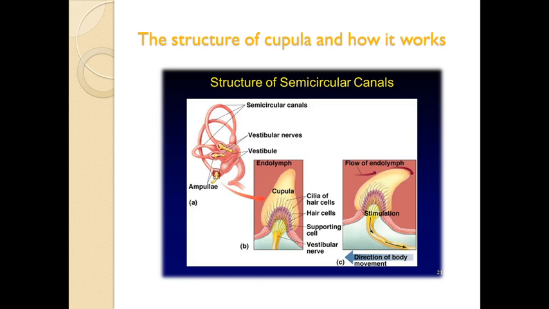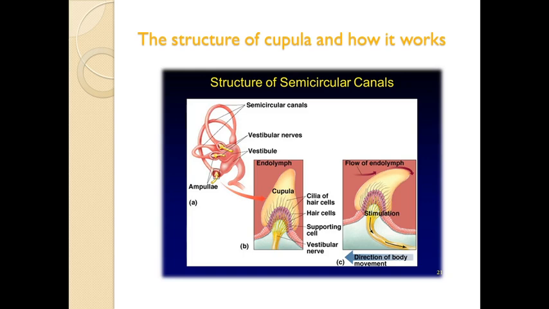So when it comes to the function of cupula, when our head is rotated in a certain direction, endolymph and perilymph start to flow in the opposite direction to the direction of movement of the body. Then it causes the gelatinous cap of cupula to move in the same direction of the endolymph and perilymph.